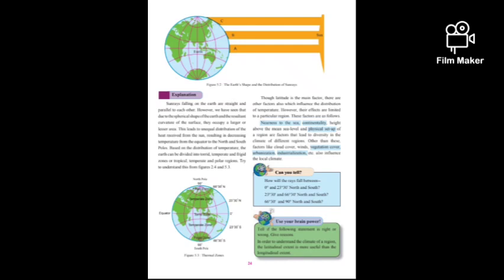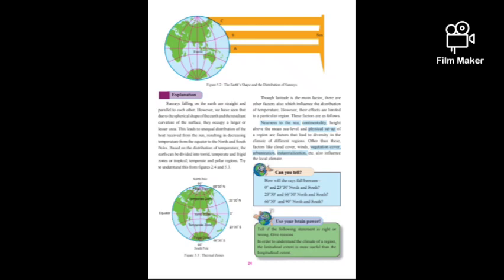You can see figure 5.2, children, on page number 24. You could see how the sun rays fall. Actually it falls perpendicular, means it comes straight on the earth's surface, and at the center it is perpendicular. So the area is less and the heat received is more.